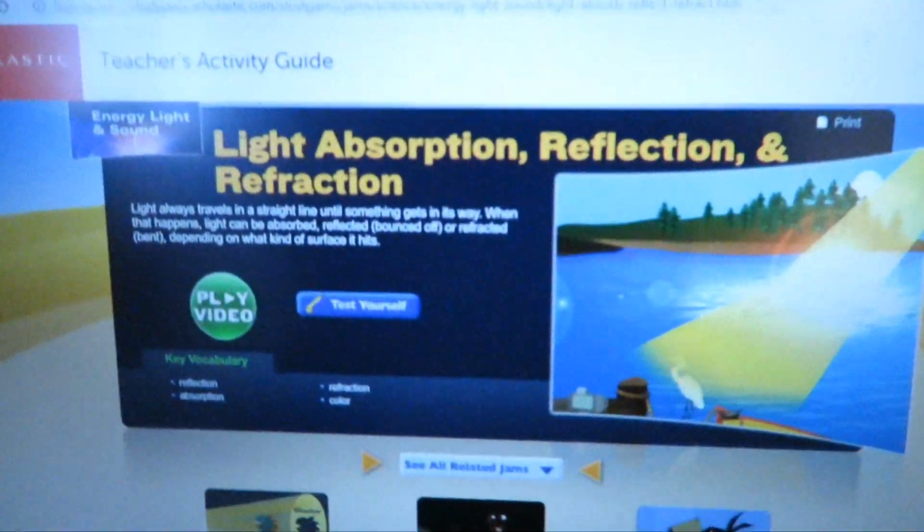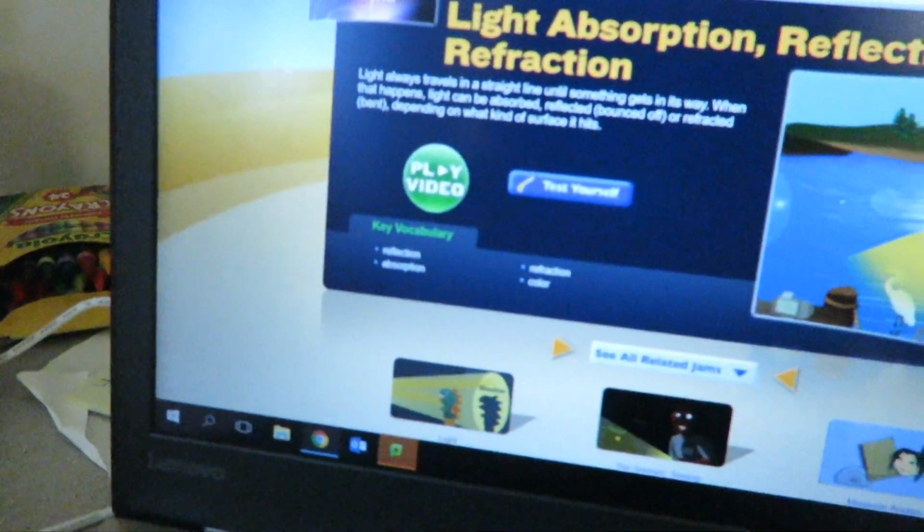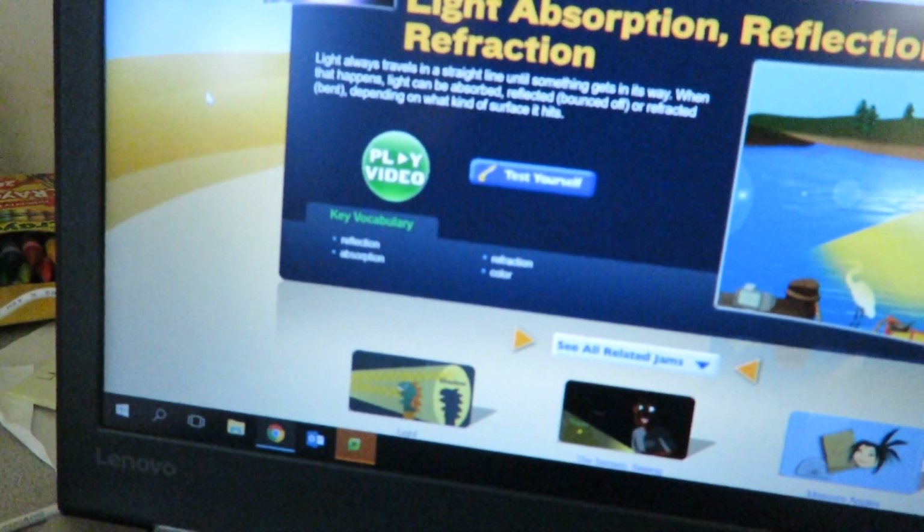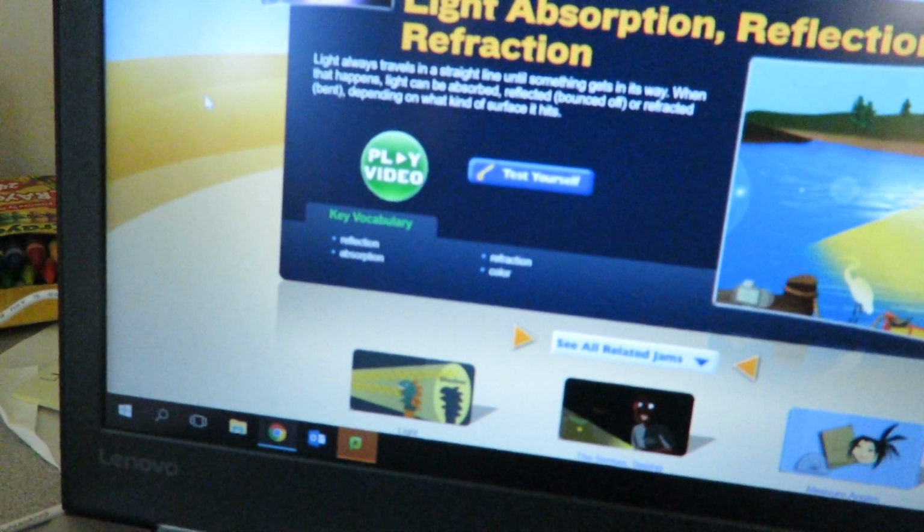Then I found worksheets on Teachers Pay Teachers where students fill in the missing information. For example, yesterday we did light absorption, reflection, and refraction. I played the video and they filled in the blanks, and then there's a quiz at the end that we did together as a whole group.